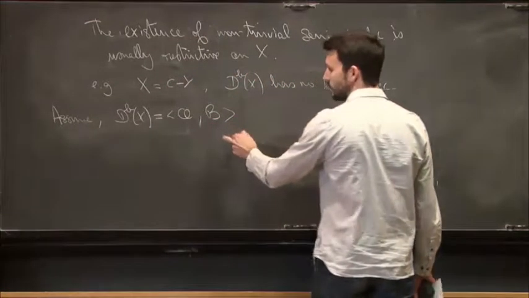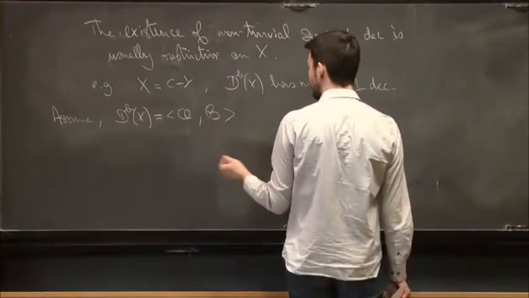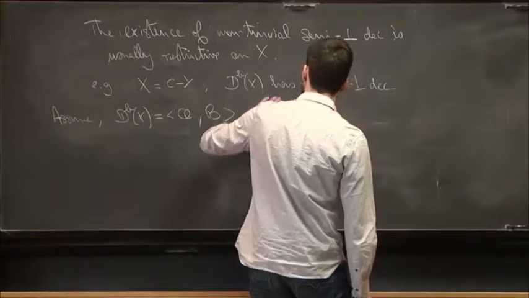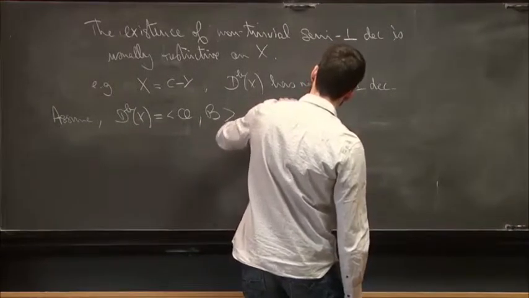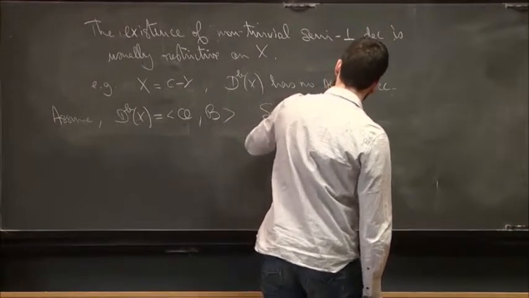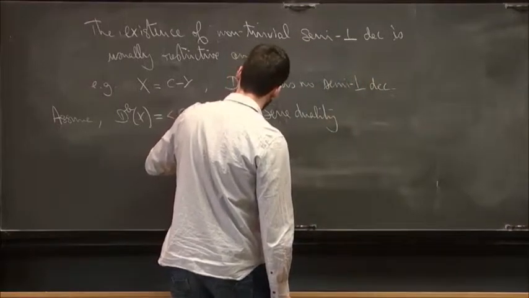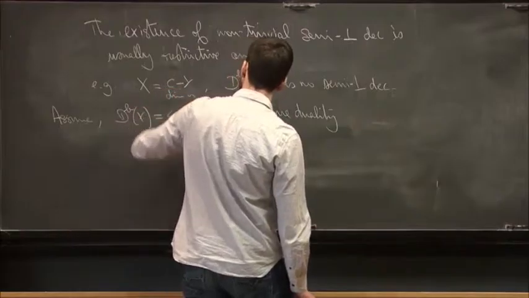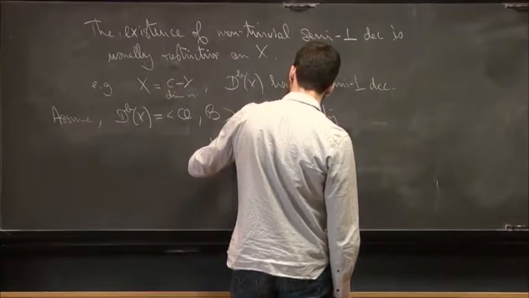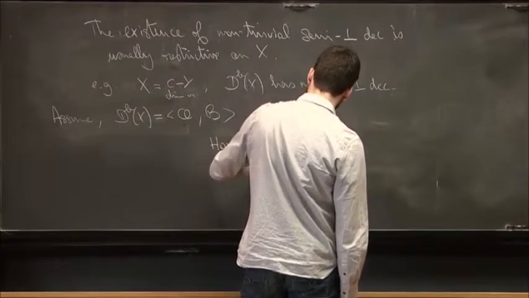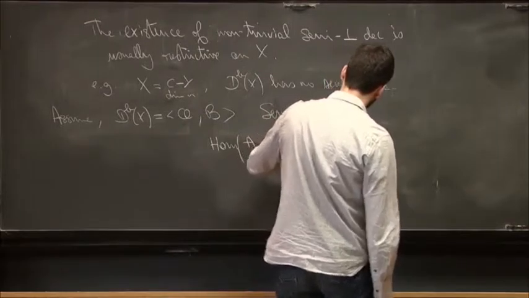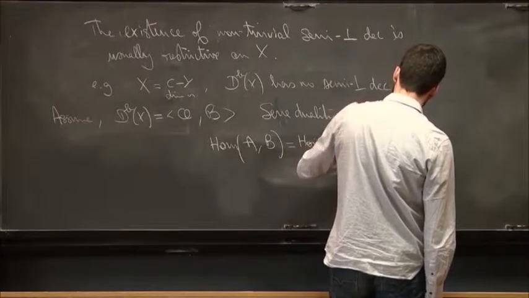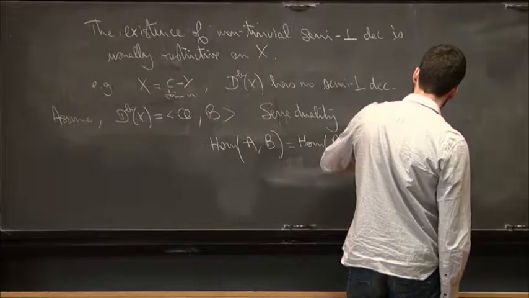Okay, so by definition, that means that there are no morphisms from B to A. But then by Serre duality, here with dimension n, Hom(A, B) is Hom(B, A tensor canonical divisor shifted)^*.